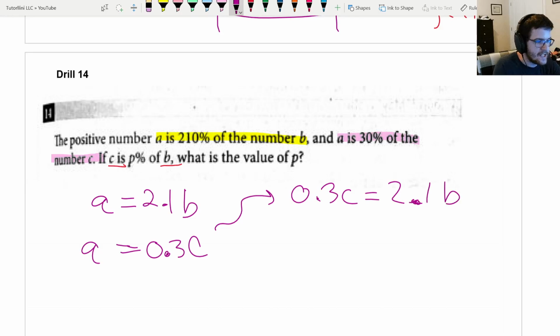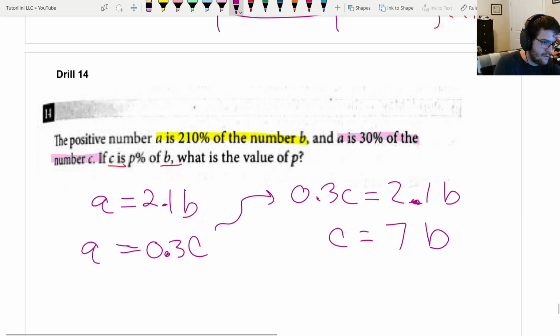And we want to get C by itself. So we're going to divide both sides by 0.3. 2.1 divided by 0.3 is 7. And C is P% of B. So 7 is the decimal.